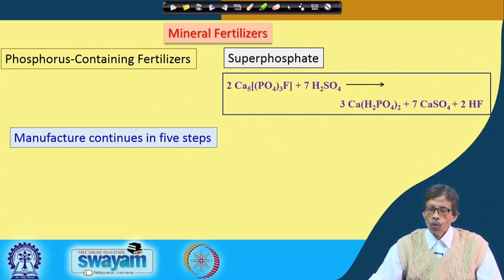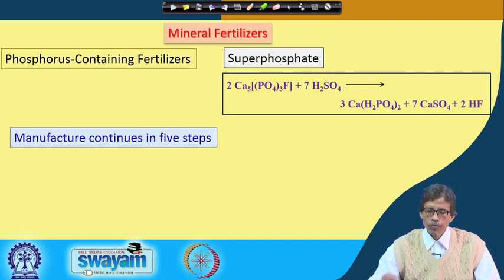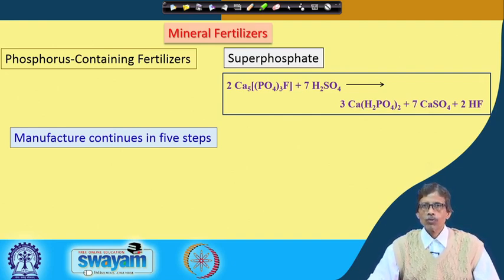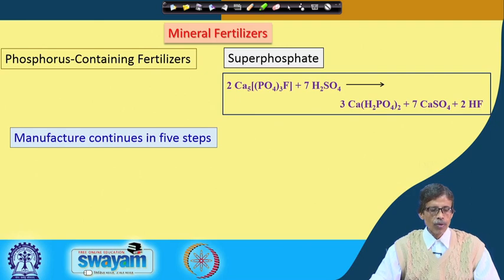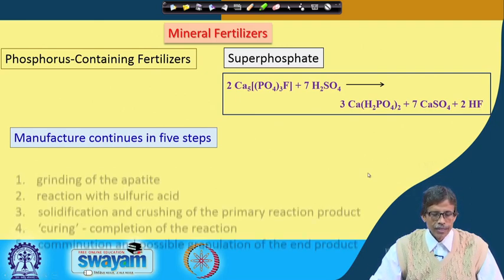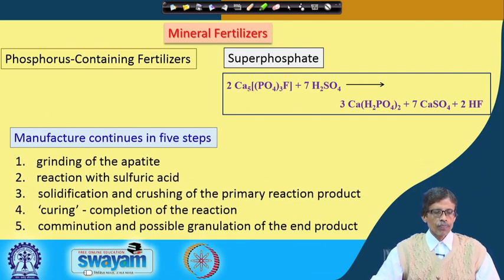So, if we remove the calcium sulphate or hydrofluoric acid, we are left with only the corresponding calcium dihydrogen phosphate. So, calcium dihydrogen phosphate can be utilized for making this, and the manufacturing process basically takes 5 different steps.